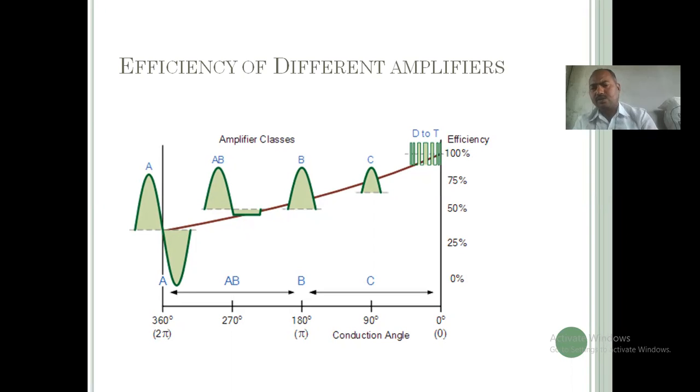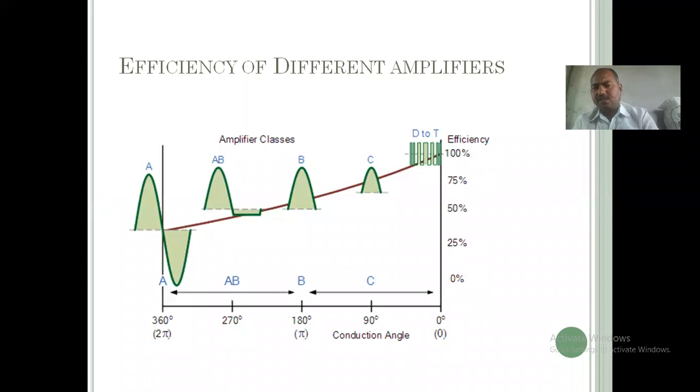Due to that biasing voltage, during that period we don't know what the amplifier reproduces, so it is just related to the 360 degrees. Due to that, class C has more distortion, but the efficiency of class C is more.